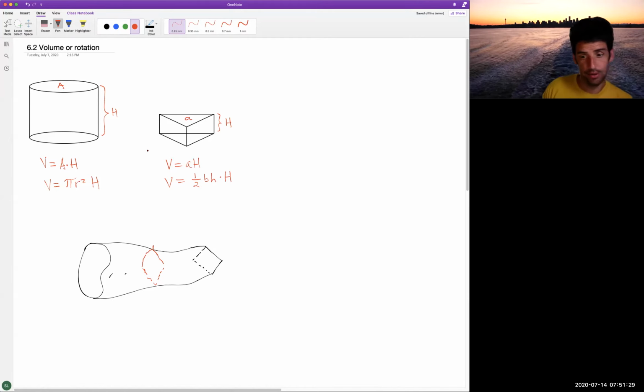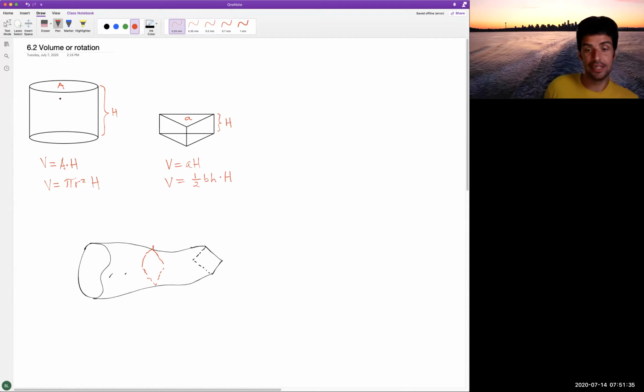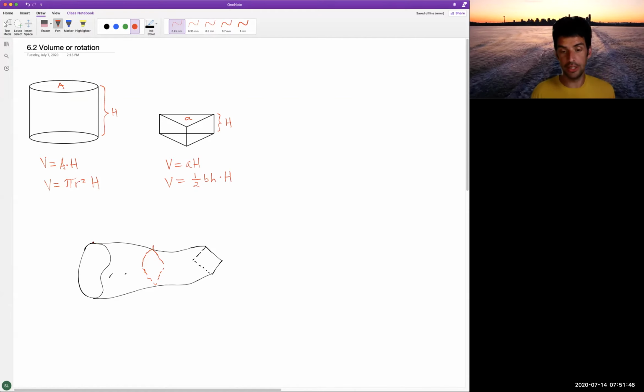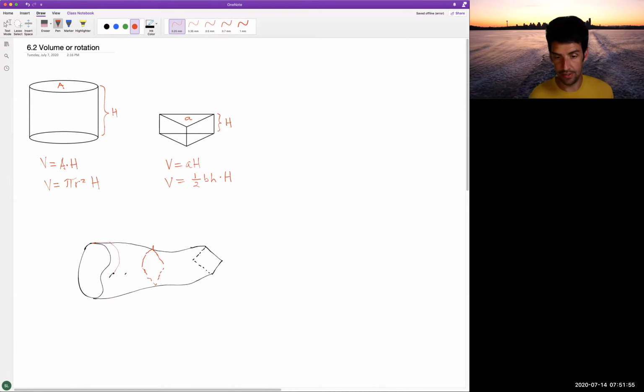So now we can use that technique of approximating something that's changing with things that are constant, and then using that approximation to approximate the whole thing. So let me explain a little more clearly. What I could do is, starting at this face on the left edge, let's pretend we have a cylinder with exactly the same area at each place, right?